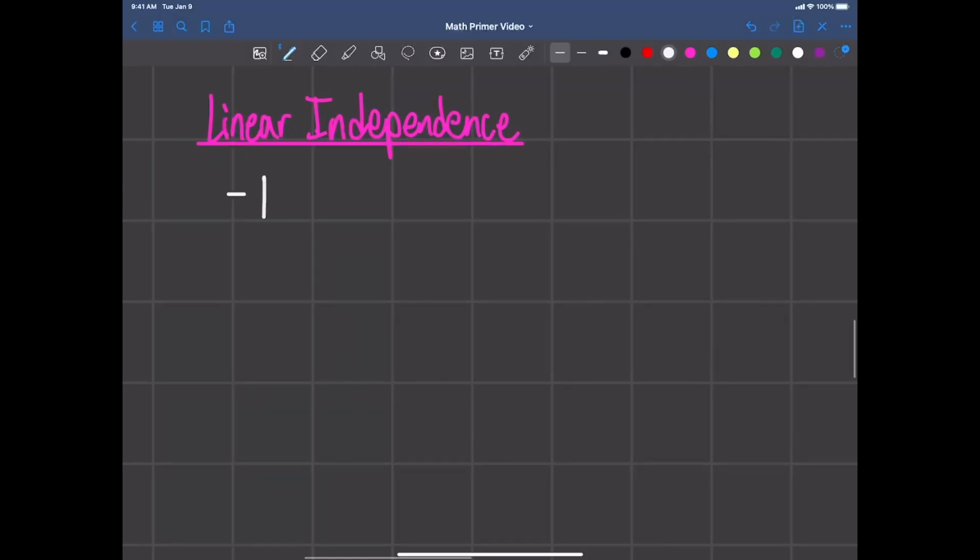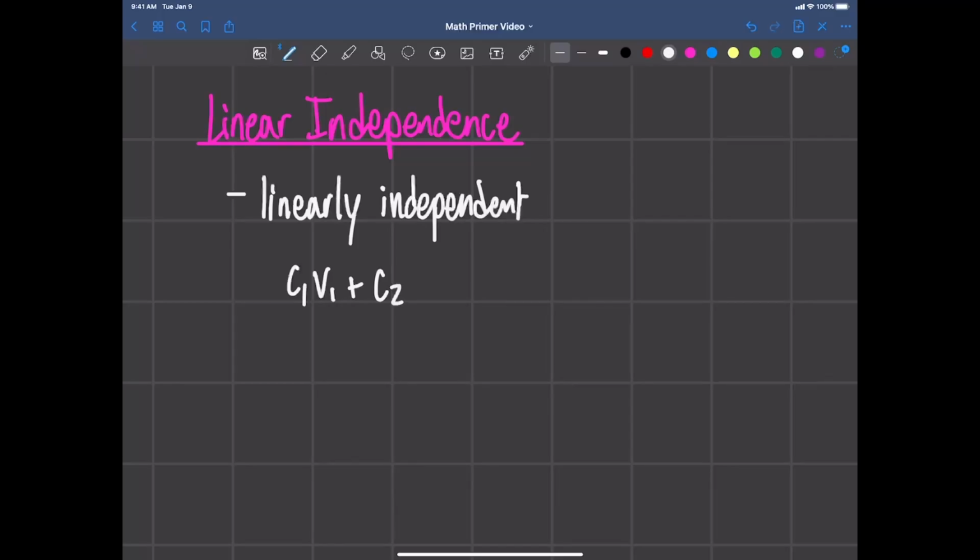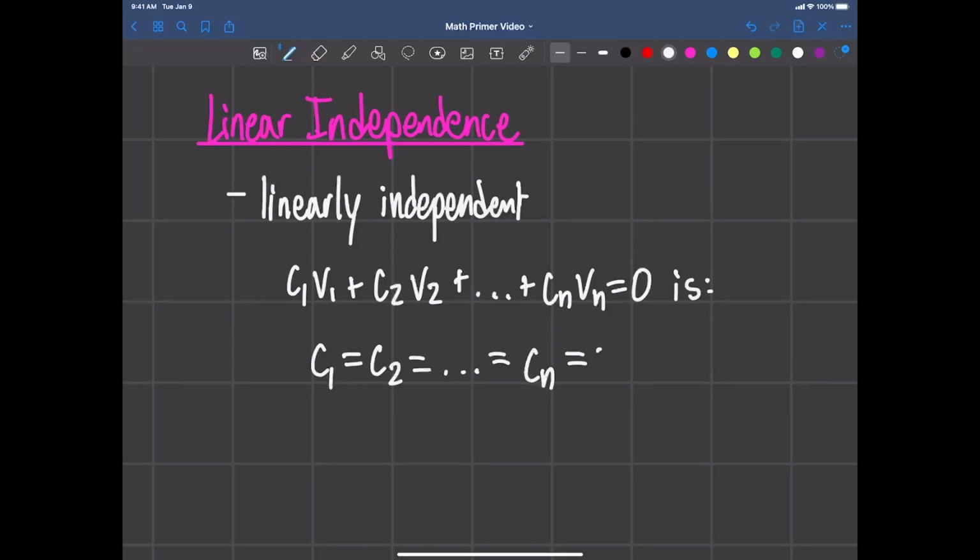A set of vectors is linearly independent if the only solution to the equation C1 times vector 1 plus C2 times vector 2 plus and so on to Cn times vector n equals 0 is C1 equals C2 equals Cn equals 0.